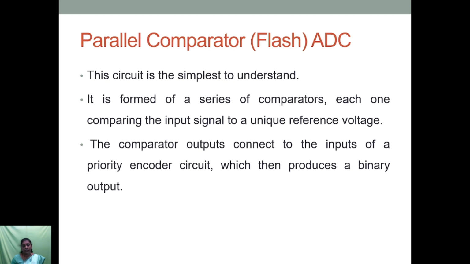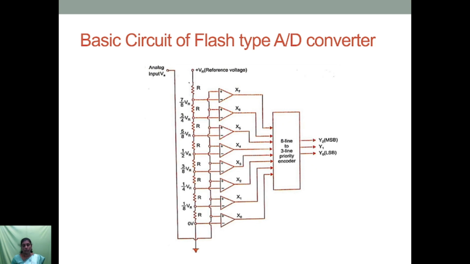So the parallel type analog to digital converter is the simplest method to understand, and the circuit diagram is shown in the figure. So here the flash type analog to digital converter consists of the following components.